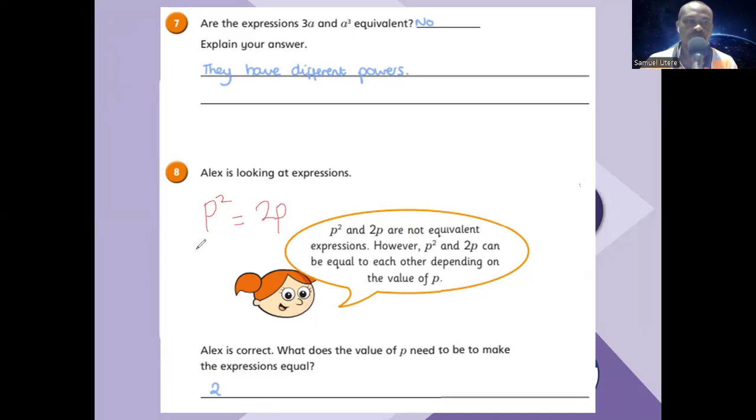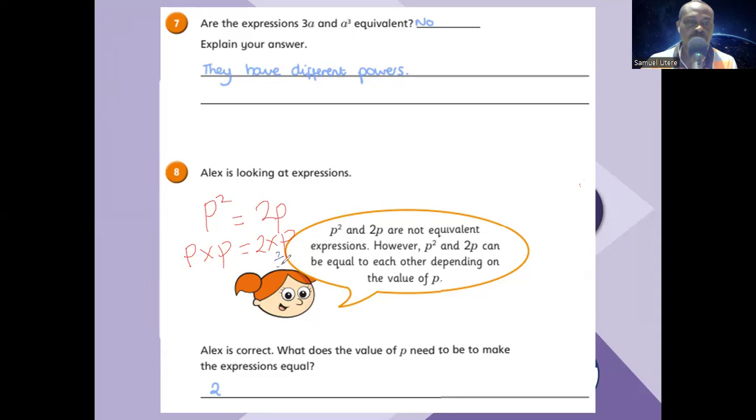If they are going to be equal, this is the same thing as p times p is equal to 2 times p. All right, but we want to find out the value that will make them equal. So here is something I want you to think about. We could say, well, let's cross out 1p from both sides, because that way we'll just have p is equal to something.